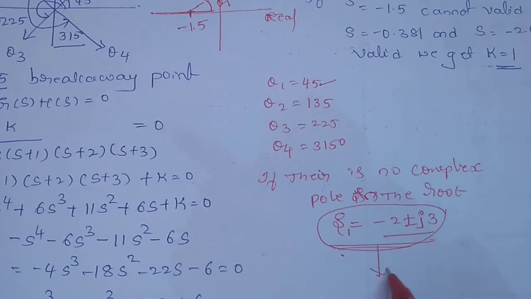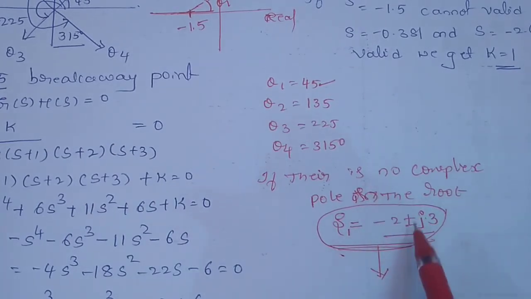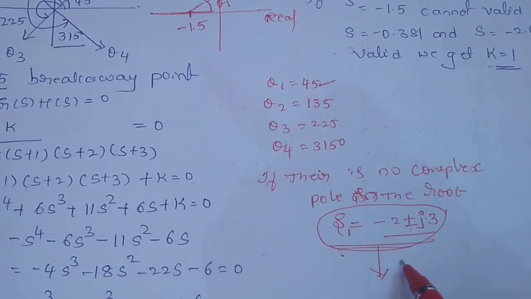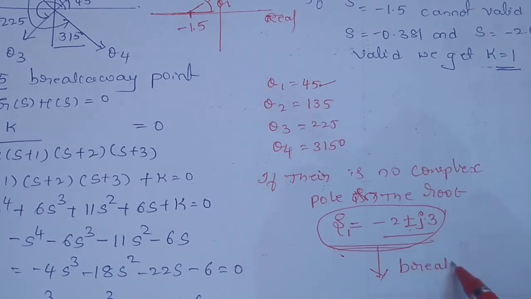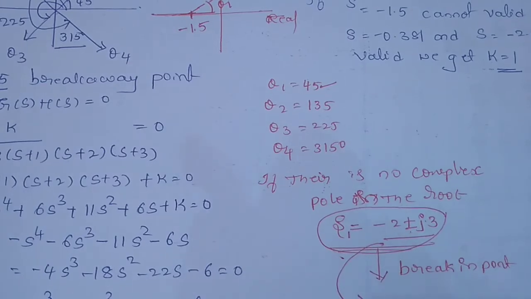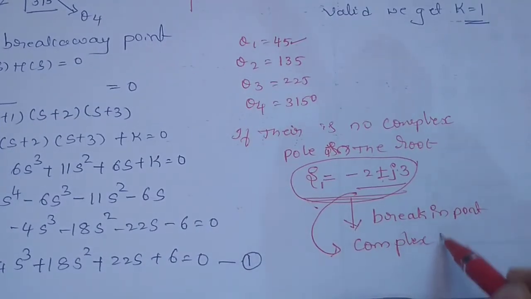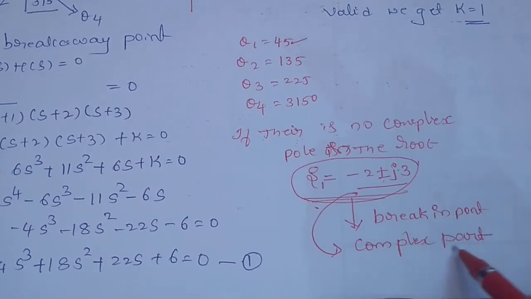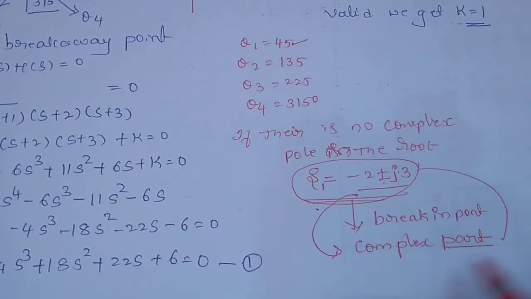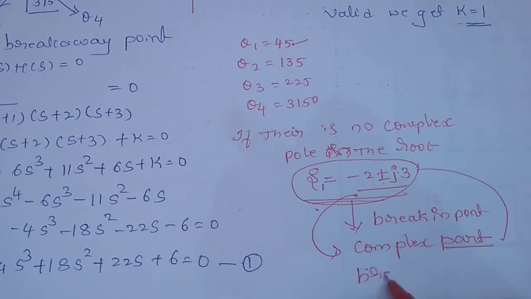If there is no complex part in the poles, then we will get breakaway points. So here look at this problem. All are real values, that is, the poles are real. Hence we can find the breakaway point.